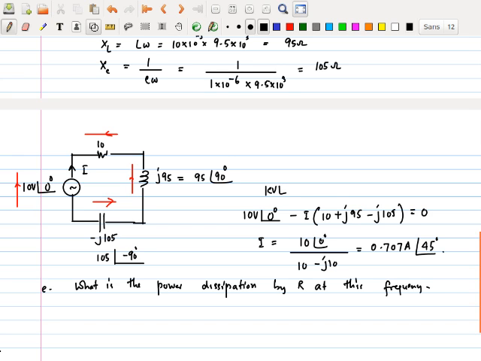Is it going to be smaller than the maximum signal power, or is it going to be more? What we got earlier was 10 watts, which was the maximum signal power. Is it smaller than that, or bigger than that?